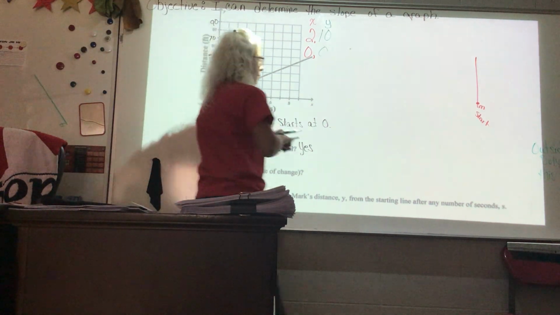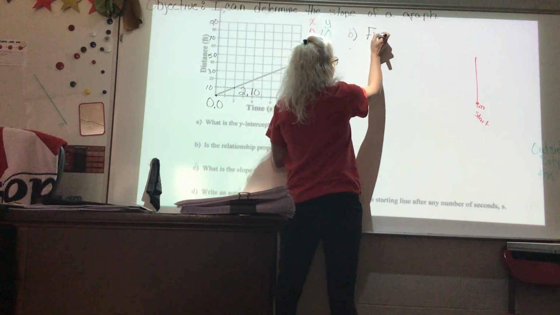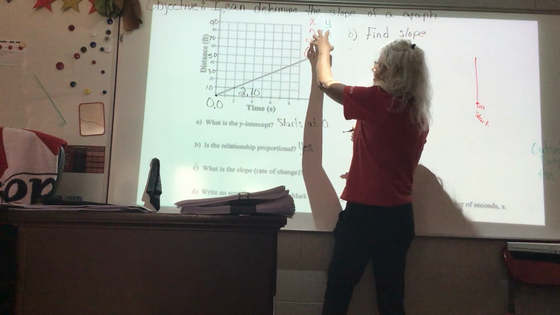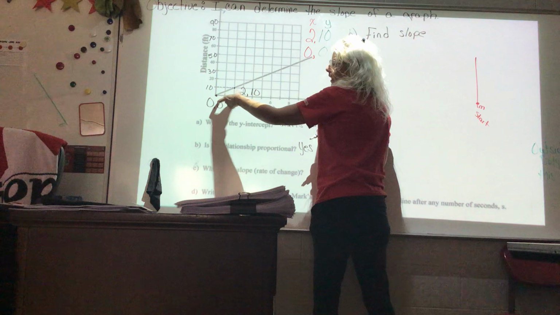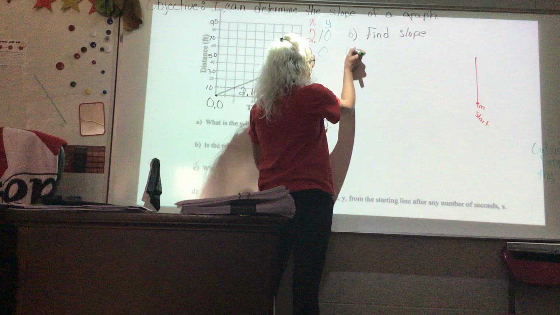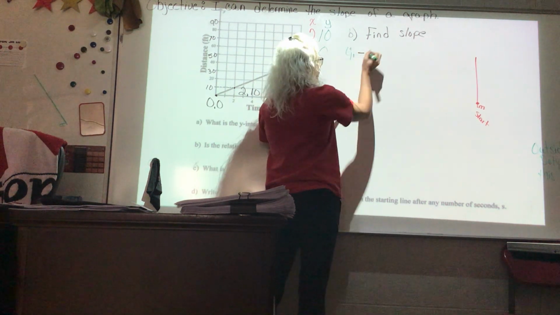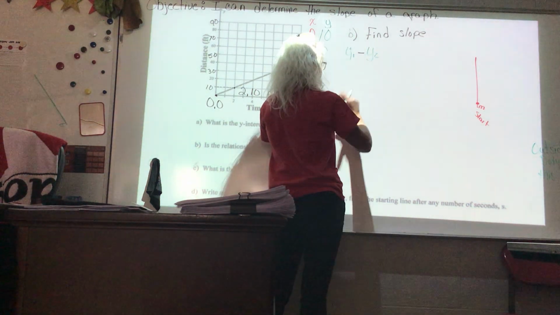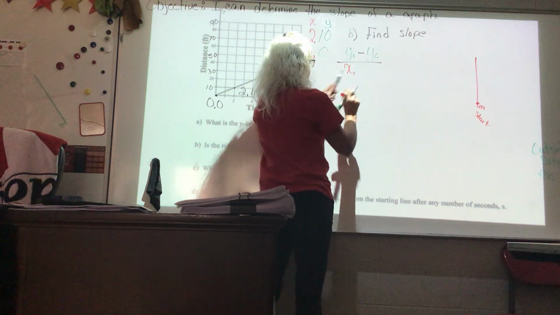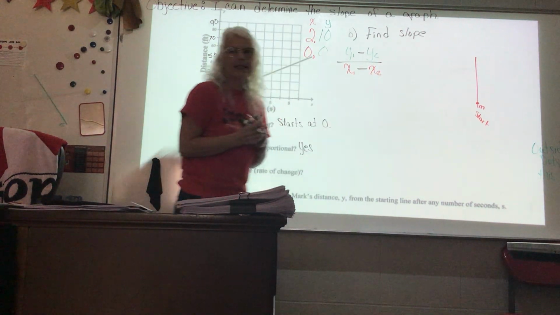Then to find the slope, you should have these ordered pairs listed here and here. We're gonna do y sub 1 minus y sub 2 over x sub 1 minus x sub 2, correct?